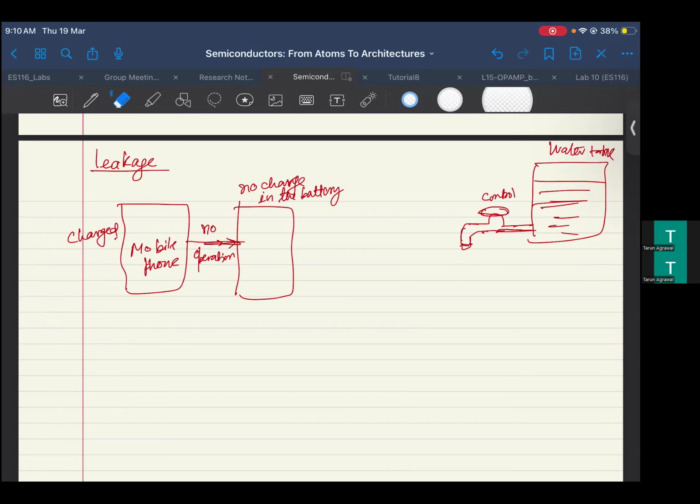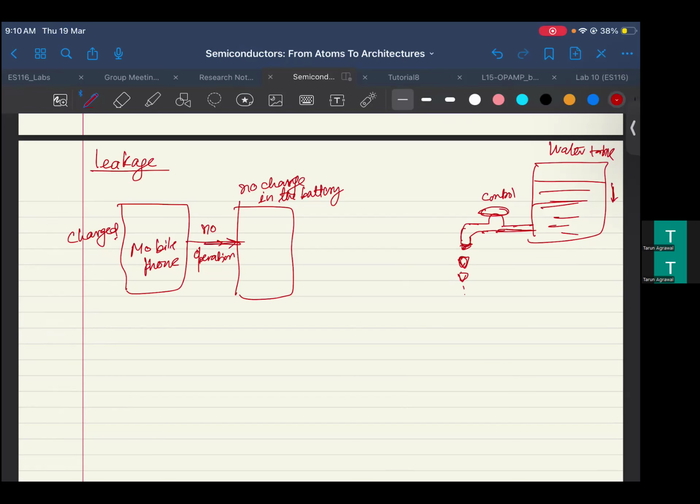But suppose the tap has become a little old and the control knob is not very good at controlling, and there are still some droplets coming out. Due to these droplets, your water level goes down. You didn't properly close the tap, and then you see your whole water tank has gone empty.